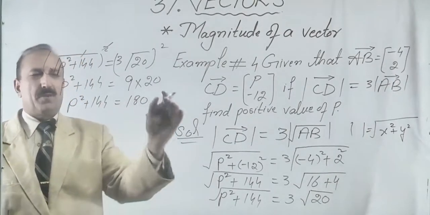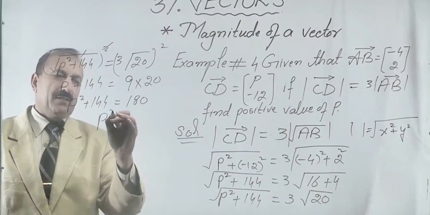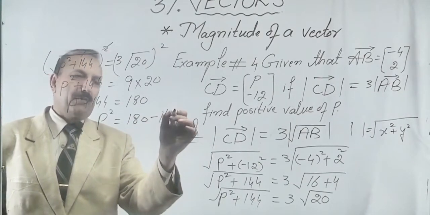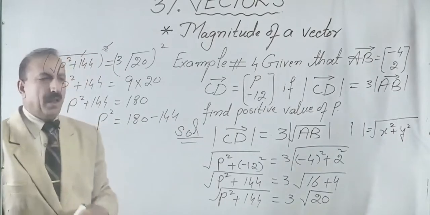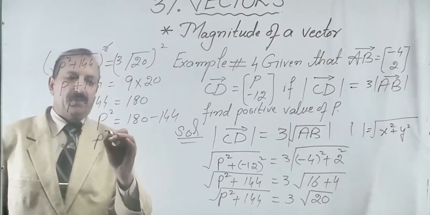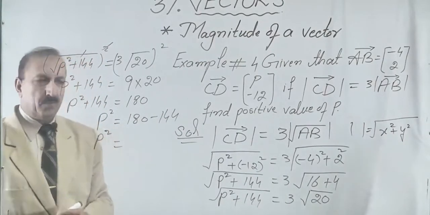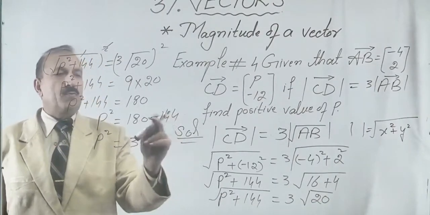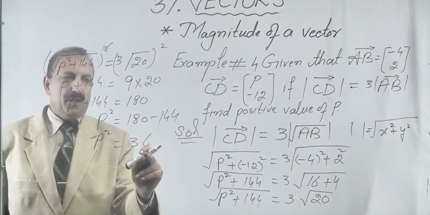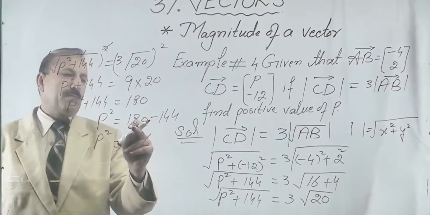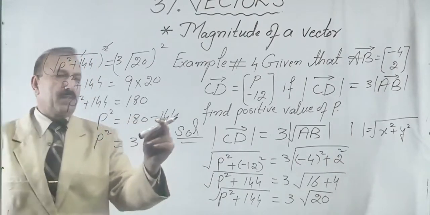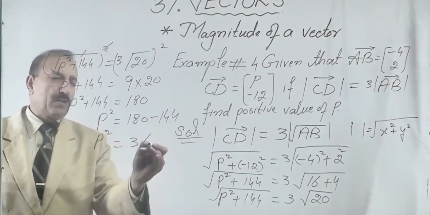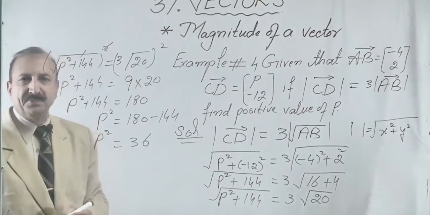Now we transfer this 144 to the other side. This is P square equal to 180 minus 144. And when we subtract it, P square is equal to, we got 36, I suppose. Yes. Subtracting 4 from 10 will give you 6. And subtracting, we have 7 remaining. And subtracting 4 from 7, we have 3. And 1 from 1 is 0. So we got here 36.